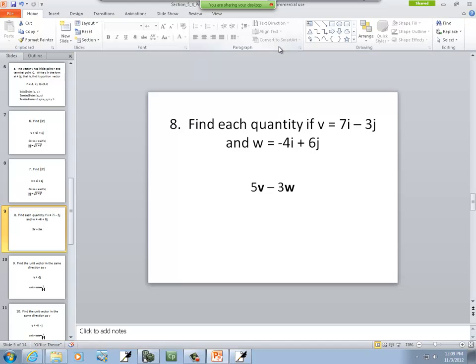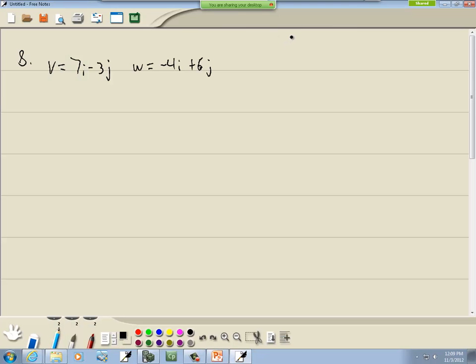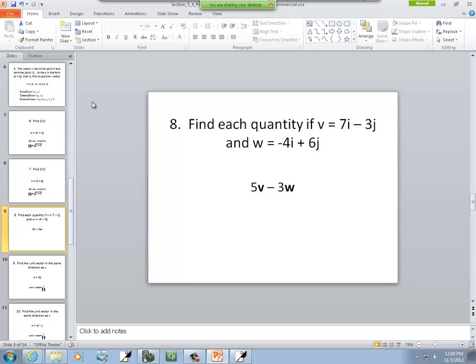Now, we could write this in the form 7, negative 3, and negative 4, 6. But by having it in this form, it's so much easier to work with, because we can think of these as variables. They're not, but we can think of them as variables, and then just do normal operations. Combine together like terms, all of that.